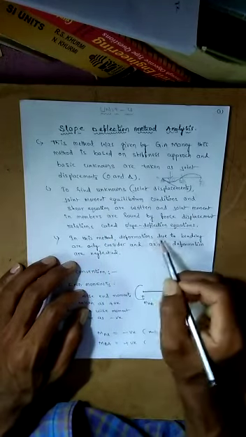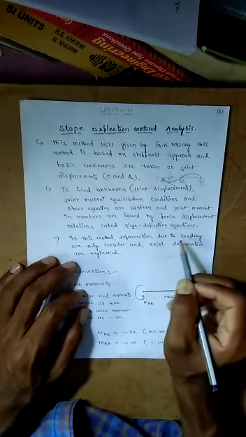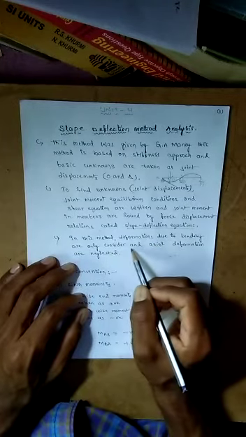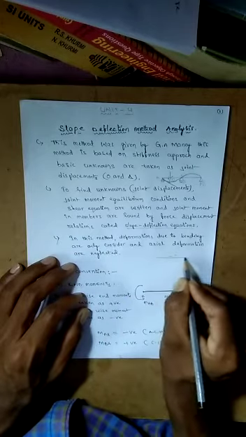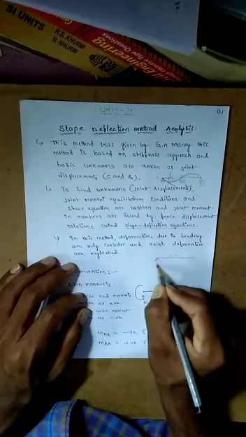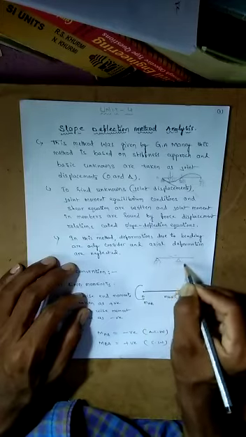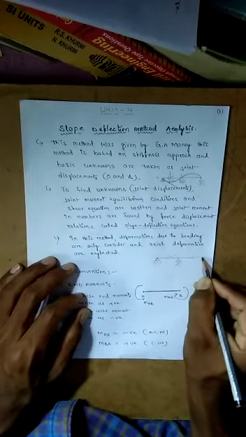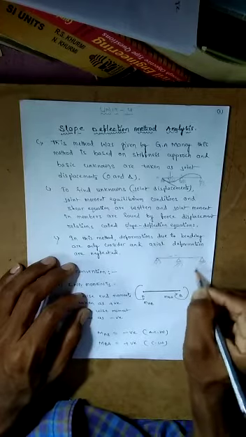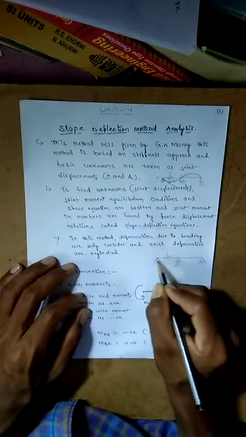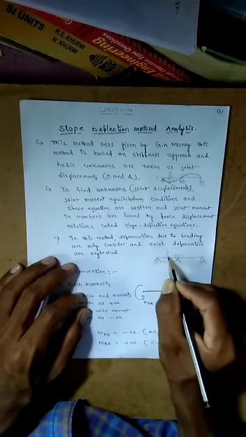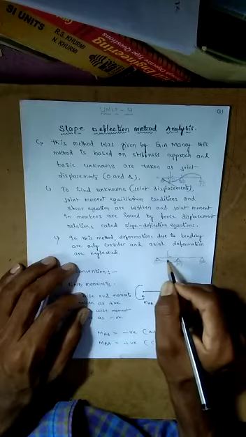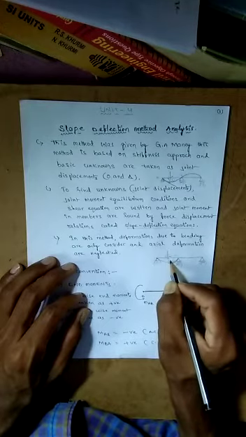In this method, deformation due to bending is the only one considered, and axial deformations are neglected. This is the continuous beam. When a load is applied, the beam undergoes bending deformation, denoted by delta.